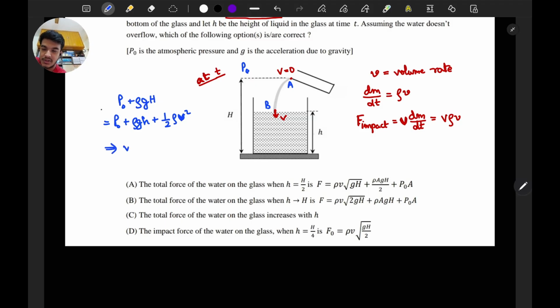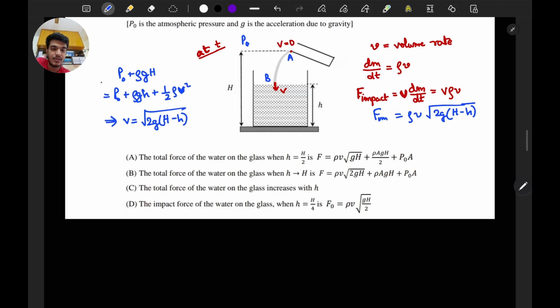So you can easily calculate from here that v is root of 2g(H minus h). This is my v, and so the force of impact is basically nothing but rho V into root of 2g(H minus h). This is my force of impact.